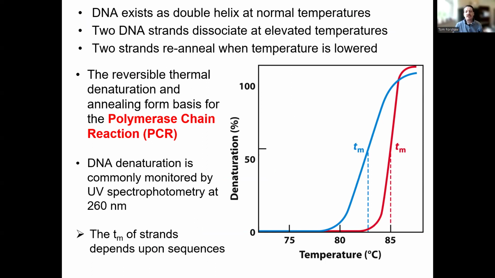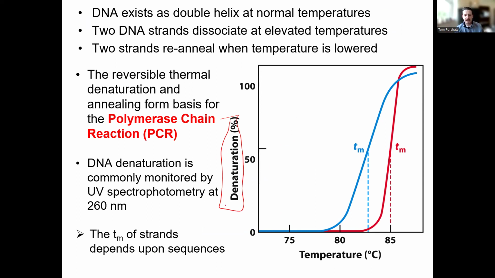Now, we can actually measure this using spectrophotometry. Remember I said that the absorbance changes as the DNA melts. So you could have denaturation on the y-axis, where the UV increases when it melts and breaks apart.